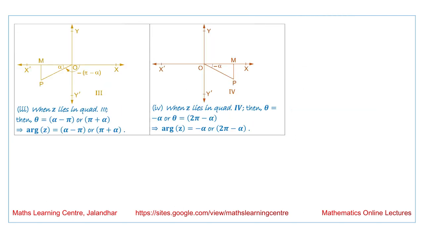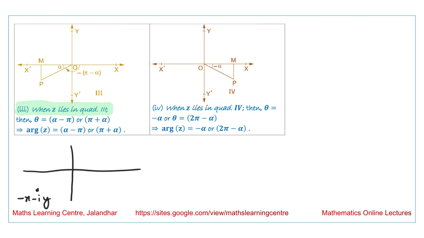Moving on to the next case, when z lies in the third quadrant. I am explaining this case over here. Suppose this z lies in this quadrant. So in this quadrant we have the number of the form minus x minus iota y.